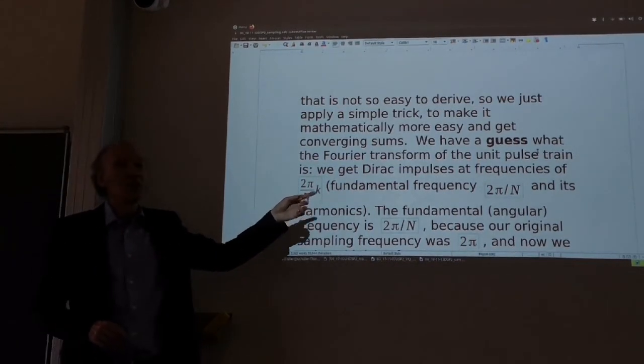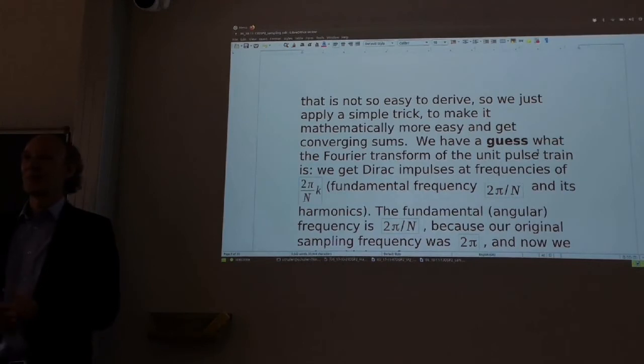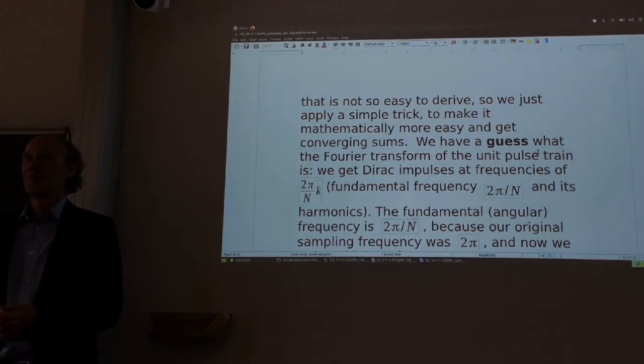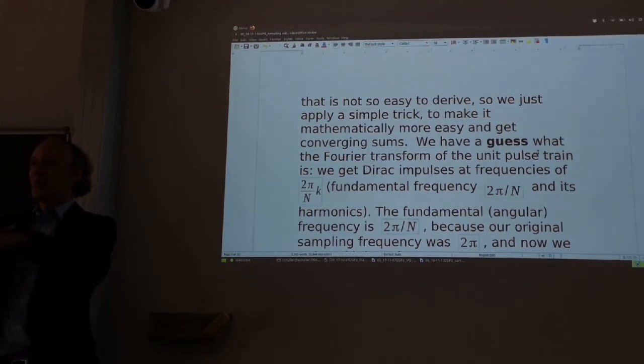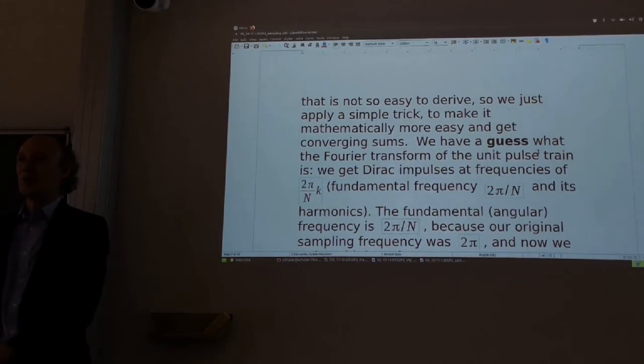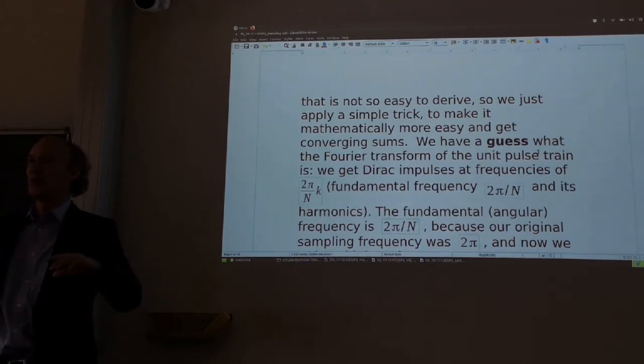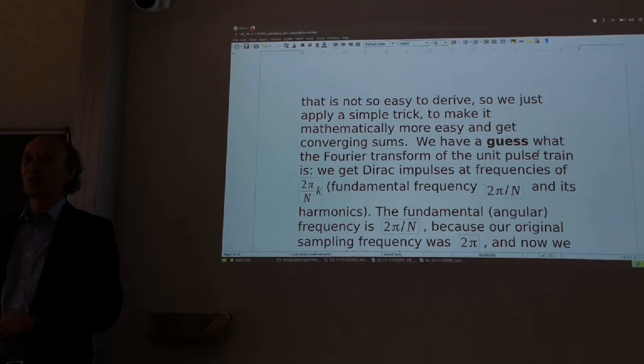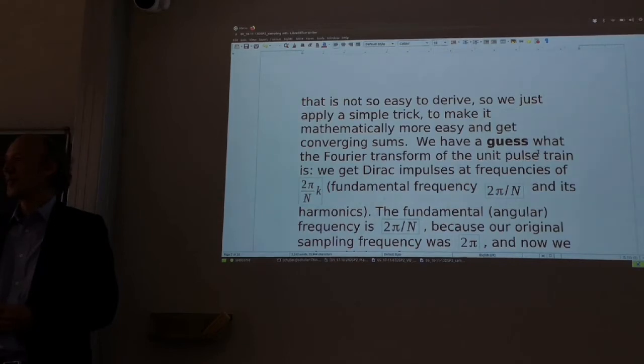So why do we have DC here? Remember we have ones. How do you compute DC? If you have a signal and you want to know how much DC you have in your signal, how do you compute it? Exactly, the average.